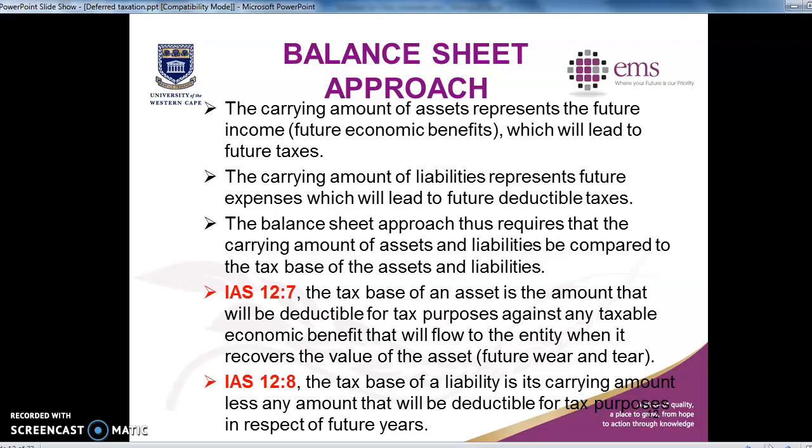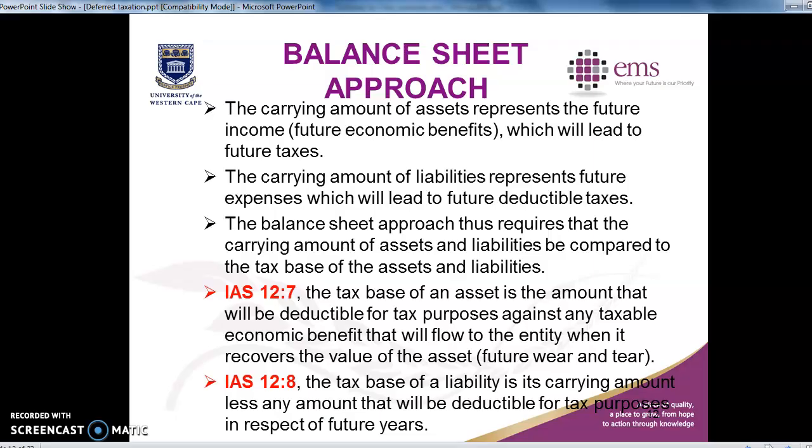So our future tax payable will be a deferred tax liability. And if we have a future tax saving or a future tax receivable, we will reference it as a deferred tax asset.